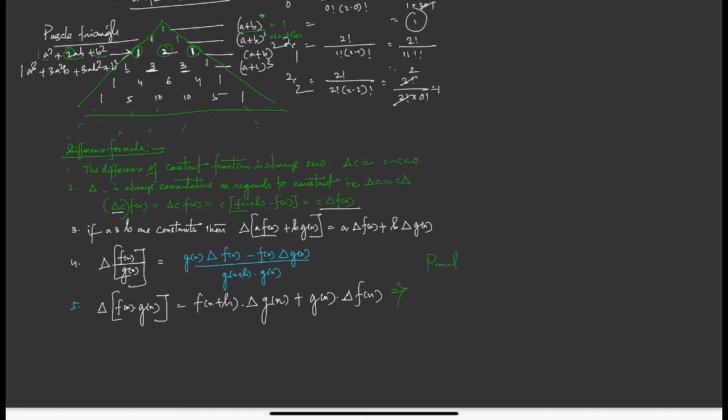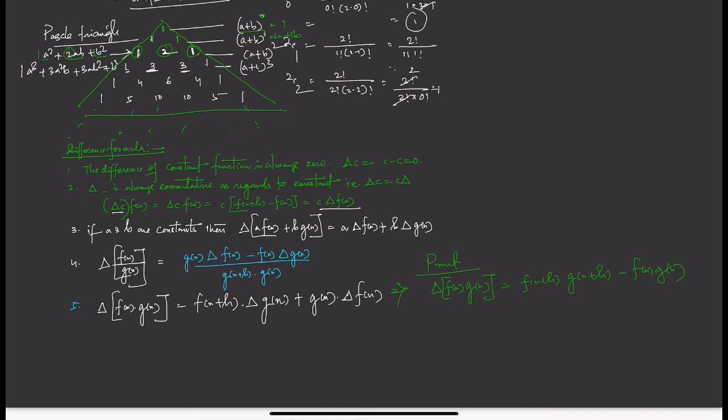Proof. Δ of f of x into g of x is given to us. By definition, it is f of x plus h into g of x plus h minus f of x into g of x.